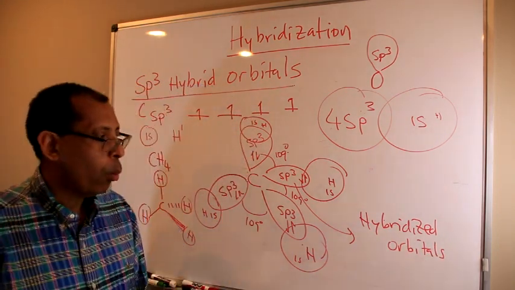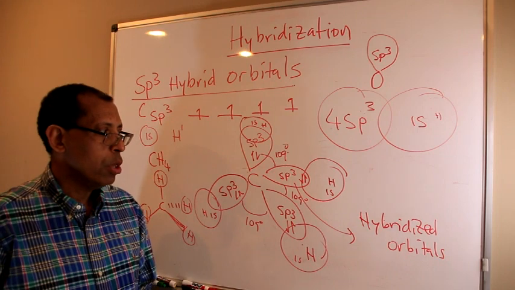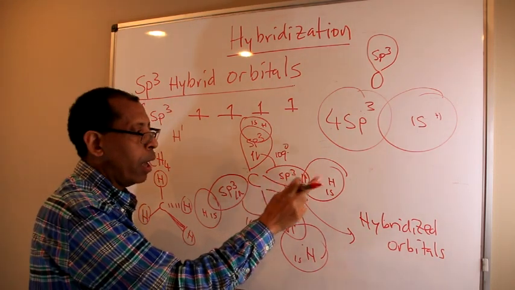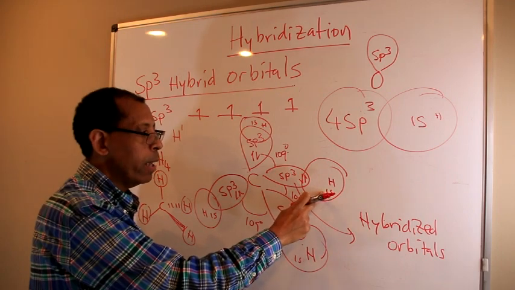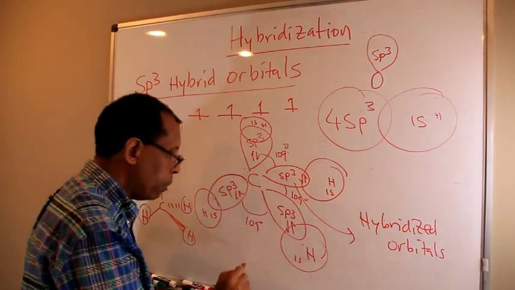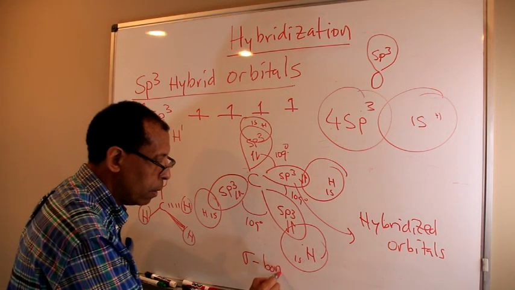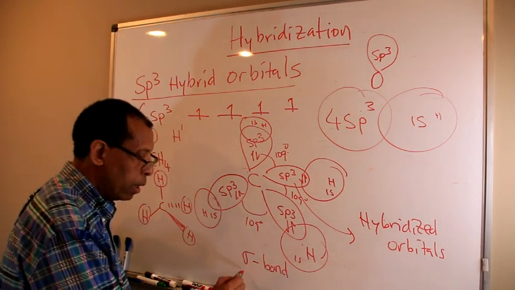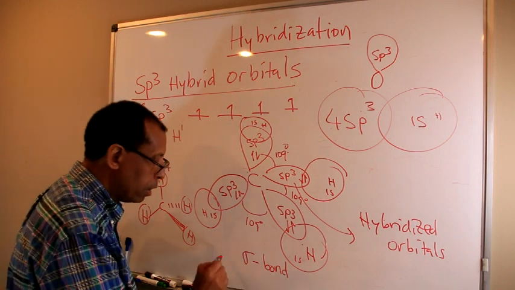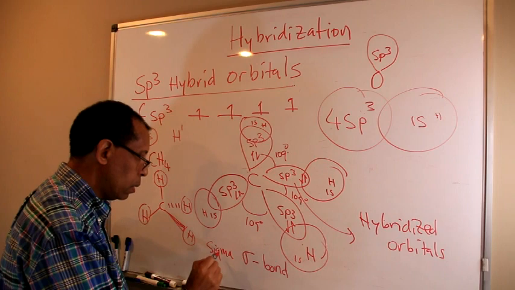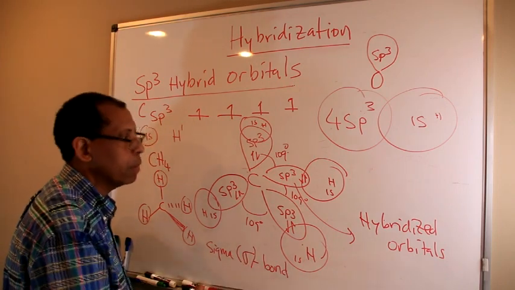And now one important point I want to mention: the overlap of sp3 with a hydrogen 1s always forms a sigma bond. It's not a double bond, it is a single bond. It's called a sigma bond.